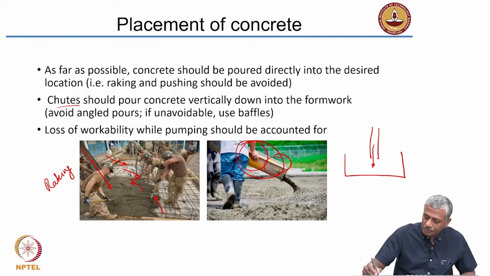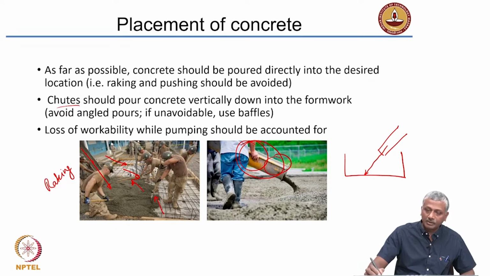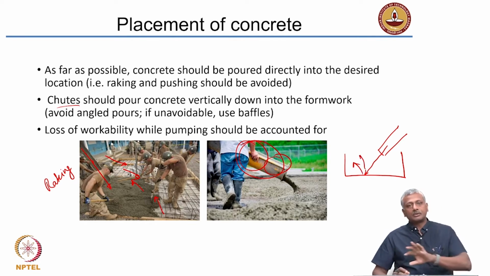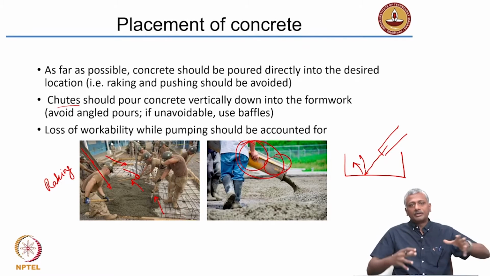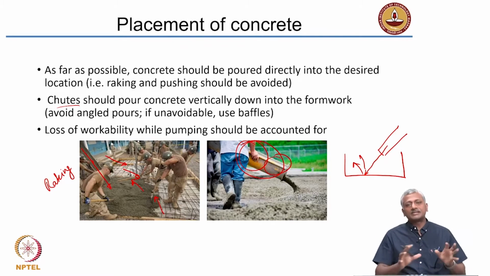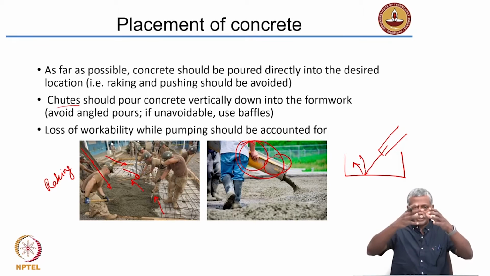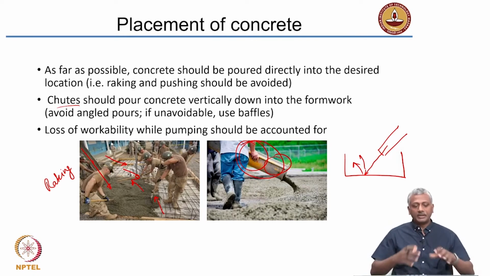If it is not done this way and you have the pipe at an angle, the concrete may reflect off the bottom and separate the material into different sizes. Your coarse aggregate will rebound more, your finer material will settle to the center, and you will get some separation. So it is better to put it down vertically.